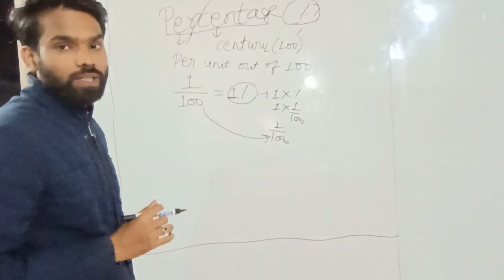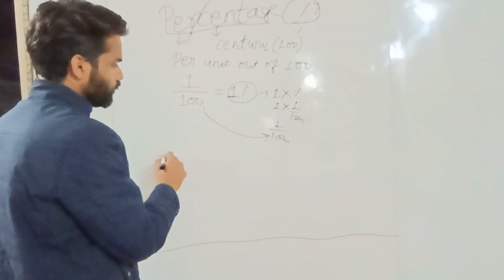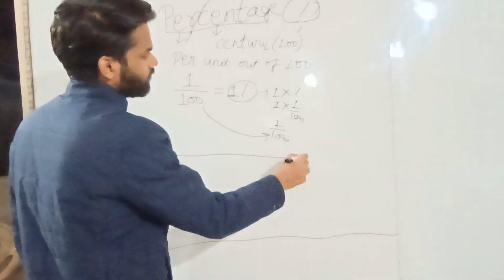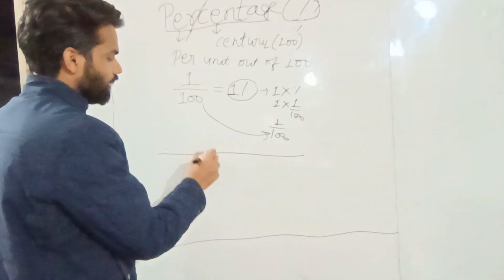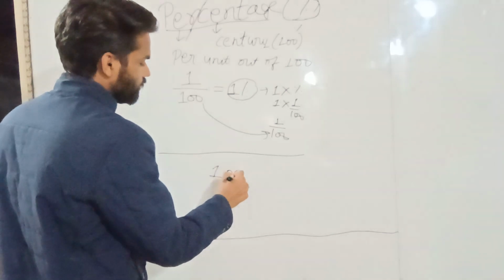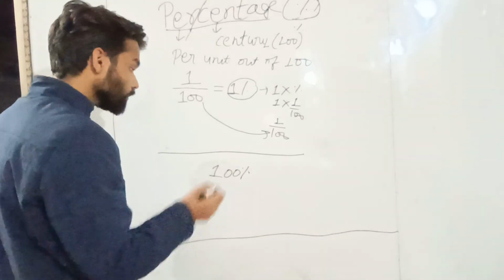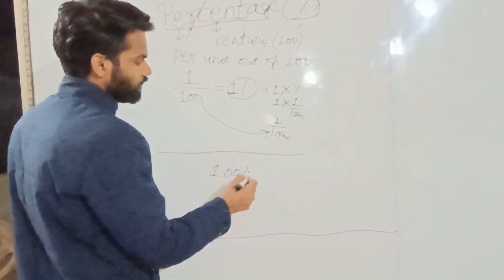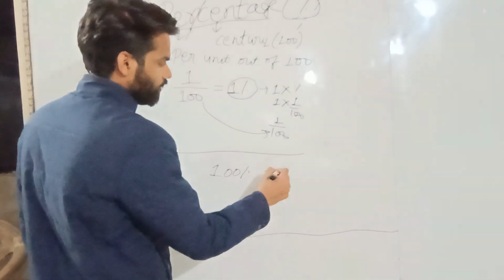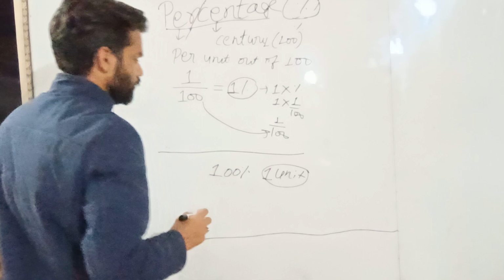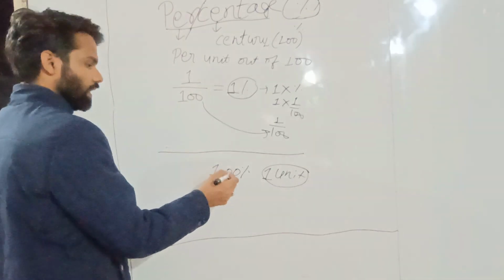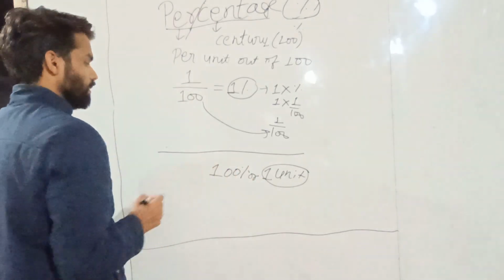Let me take an example. Suppose this is a single stick, and this stick is 100% in itself, or we can say this 100% is also 1 unit, as we are having only 1 unit of stick. So we can write it as 100% or 1 unit.